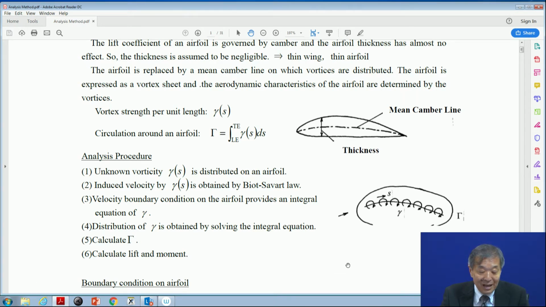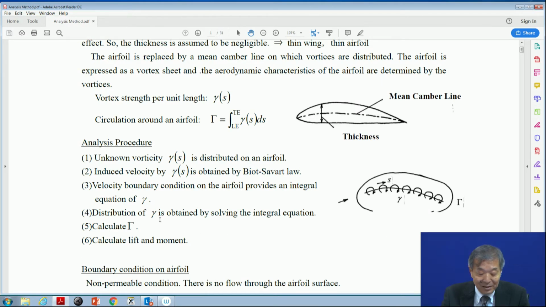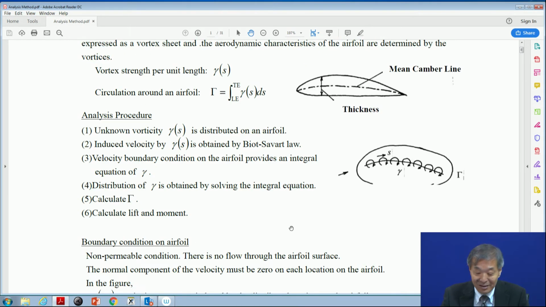We put the unknown vorticity gamma distributed on an airfoil, and the induced velocity by gamma is obtained by Biot-Savart law. The velocity boundary condition, the non-permeable condition on the airfoil, provides an integral equation of gamma. The distribution of gamma is obtained by solving the integral equation, and we calculate capital gamma, and calculate lift and moment. That is the analysis procedure. It's a very simple one.